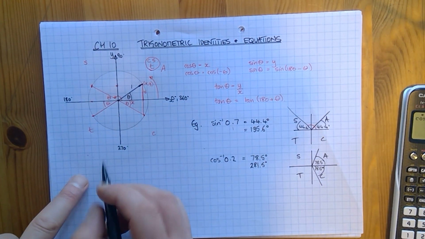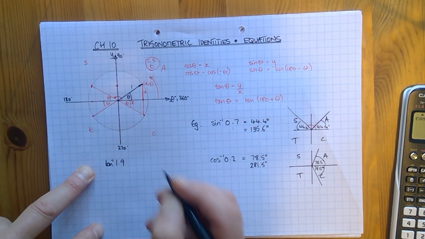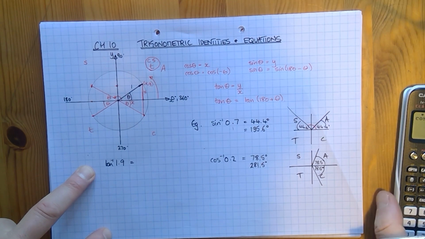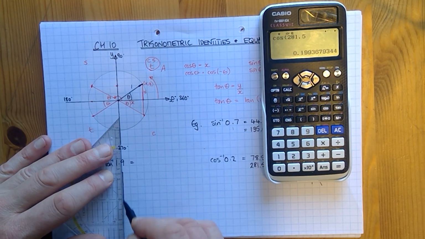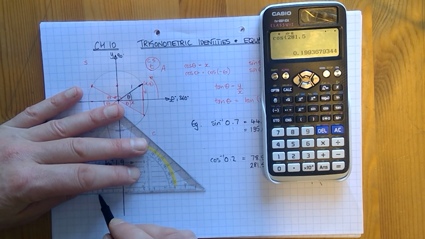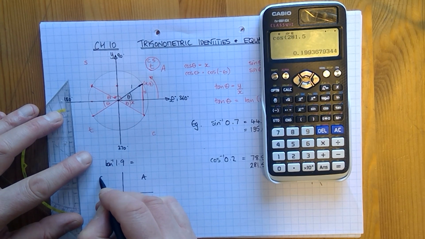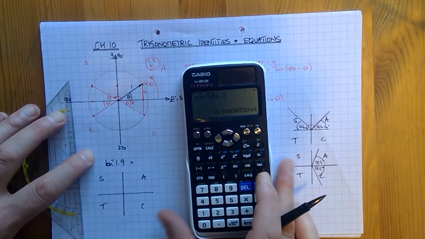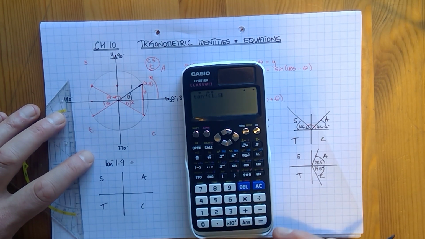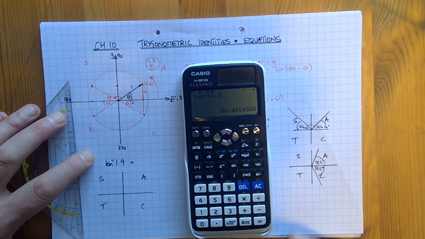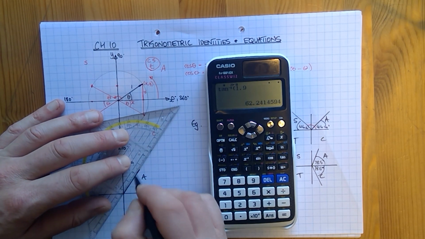For tan, the diagram would be like this. Let's do inverse tan of 1.9. CAST. Let's work out our primary value first. Inverse tan of 1.9 is 62.2 degrees. Let's just do a sketch of where that is.